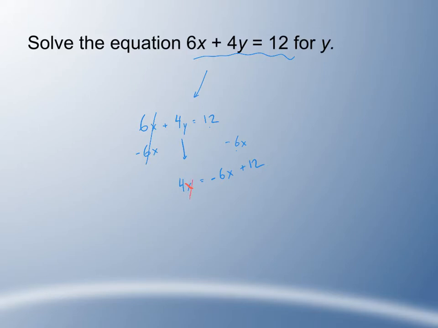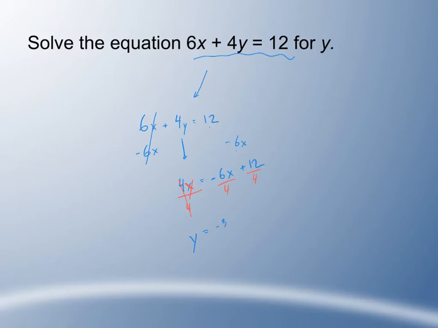4y. There we go. Our last step is to divide everything through by 4. 4y, when you divide by 4, the 4's go away, leaving me with just a y. Negative 6x divided by 4. Now that's a fraction. It doesn't divide in evenly, but I can definitely simplify that fraction.